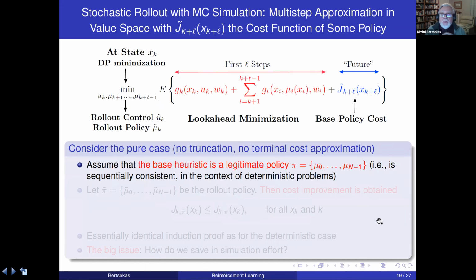Now in stochastic problems involving rollout, again, you have one-step or multi-step look-ahead minimization. You have an approximate cost function at the end that's derived from some base policy. And you have this minimization, one-step or multi-step, which defines the rollout control to apply at state xk and the rollout policy.